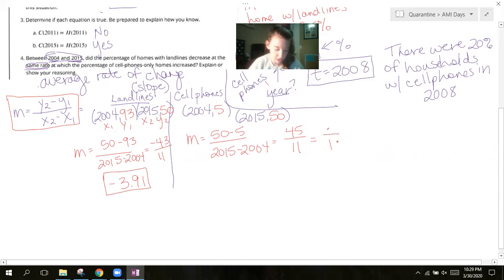So we're going to just divide those two things out. Then we're going to get 4.1. All right, so cell phones are increasing at a rate of about 4.1% per year.